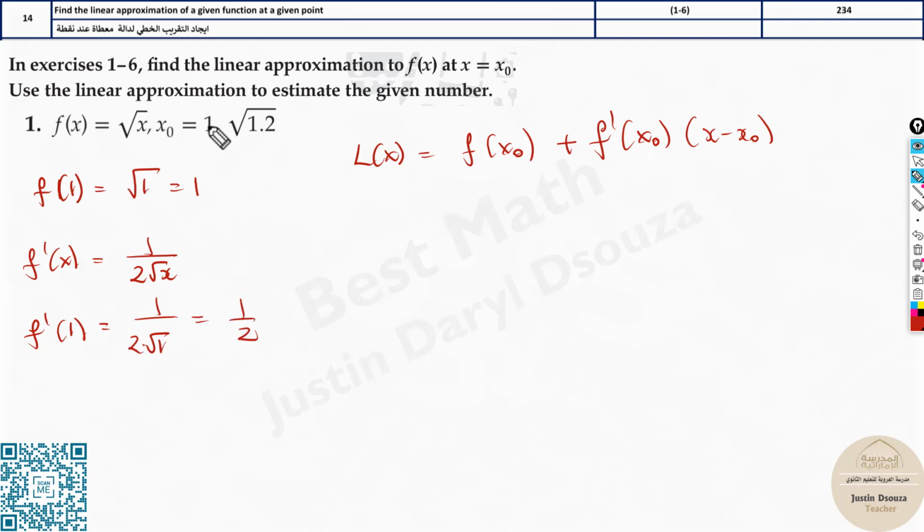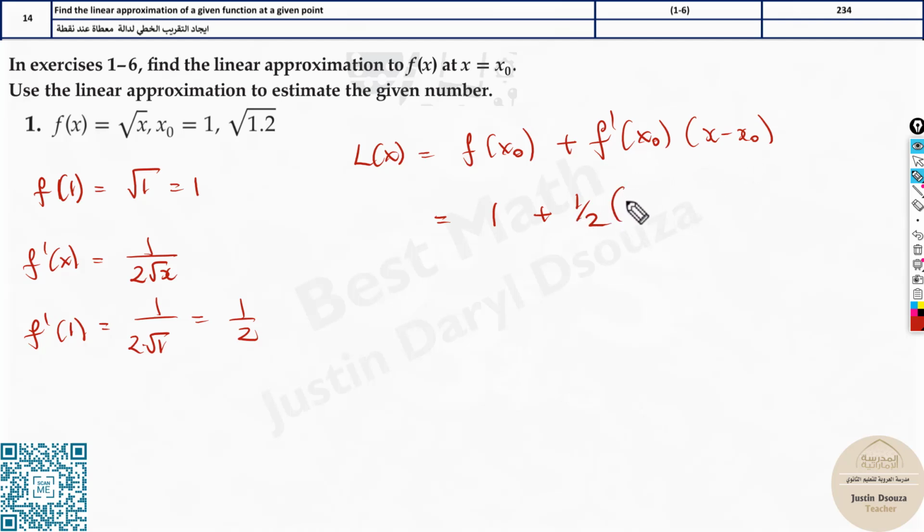So first thing is x naught, which is given as 1, so we find f of 1. Let me substitute here. It's 1, right? And then f prime, or the derivative at x naught. We substitute the x naught value and get half. And then what next?